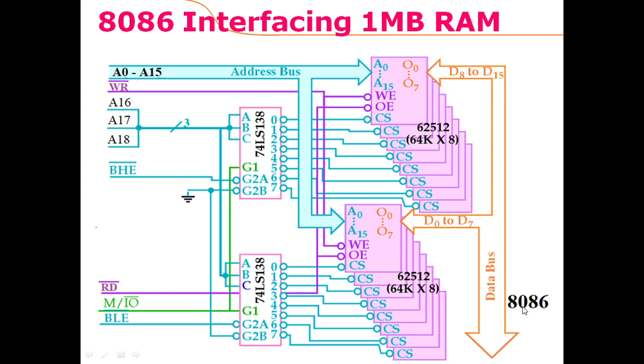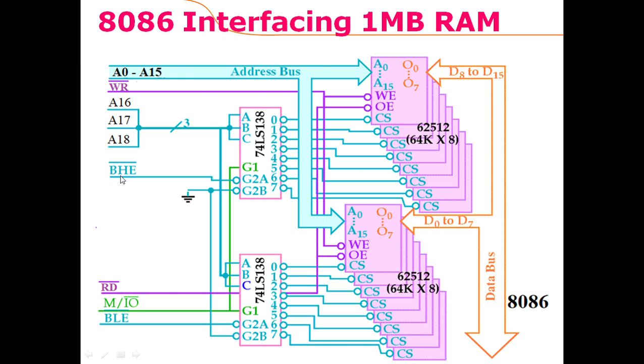From the 8086, a 16-bit data bus is coming. The lower 8 bits are connected with the output pins of every chip in this array, while the upper 8 bits of the data are connected with the output pins of every chip in the upper group of memory chips. The 16-bit address lines are connected with all of the memory chips here, and these 2 decoders are then used to choose a chip in both of these 2 arrays.